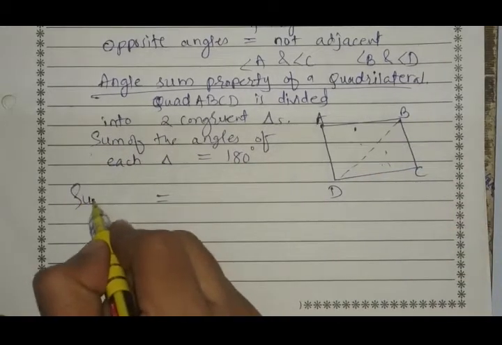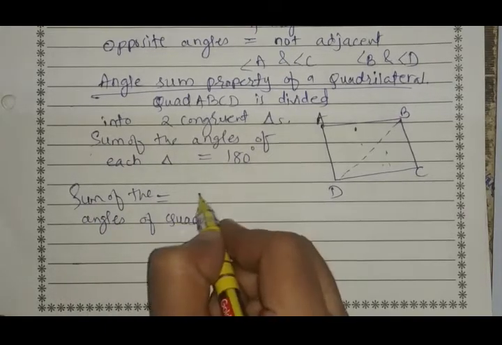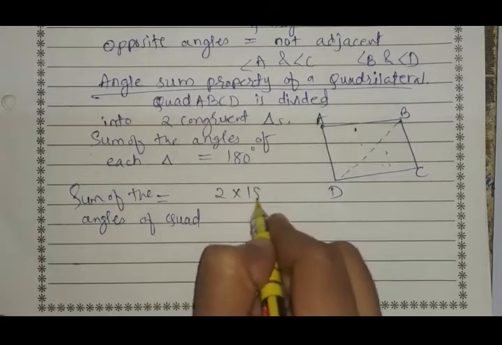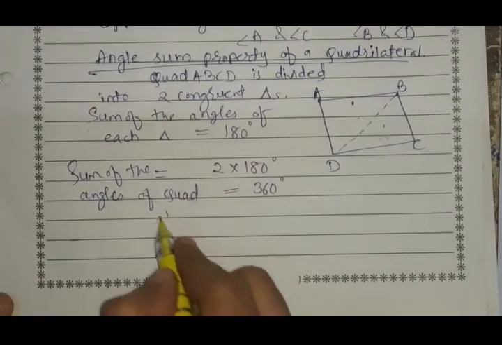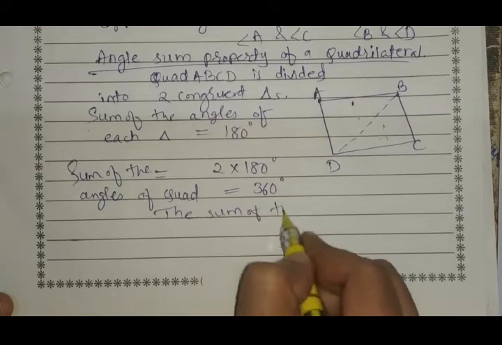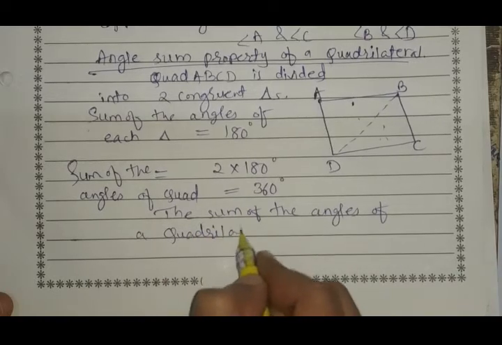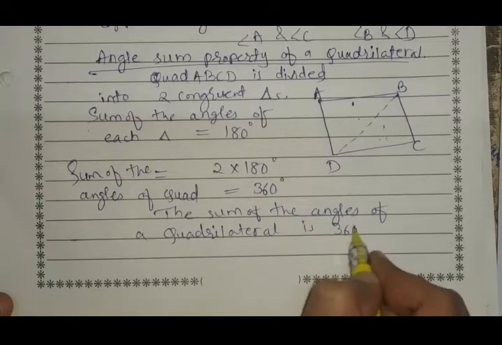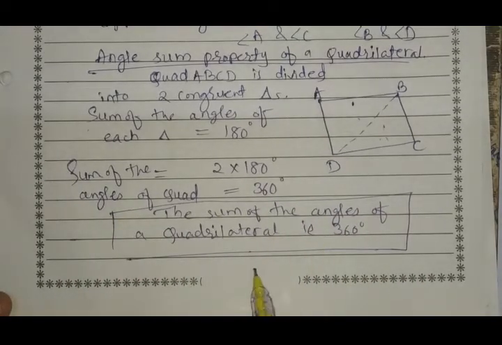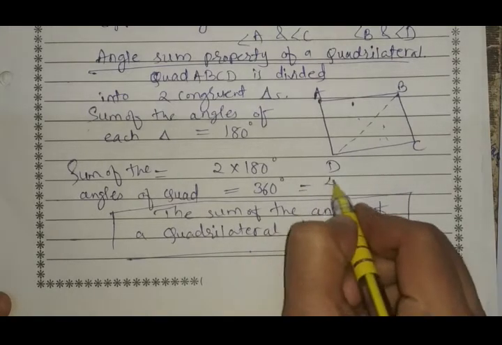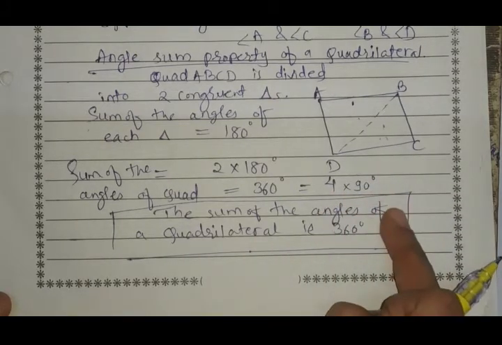So the sum of the angles of a quadrilateral is twice 180, which gives 360 degrees. So the angle sum property says that the sum of the angles of a quadrilateral is 360 degrees, which you can say is four right angles, or 4 into 90 degrees.